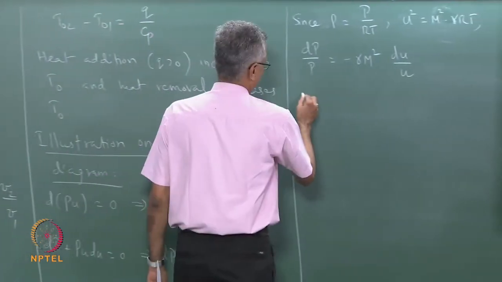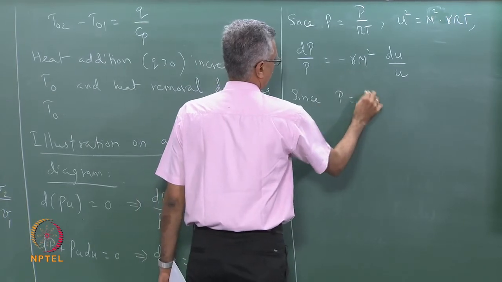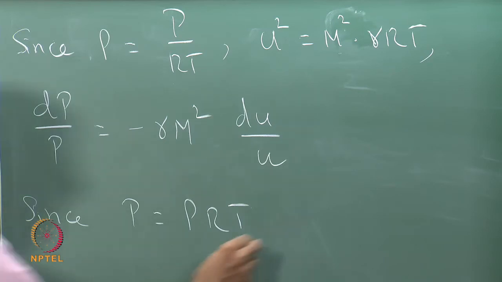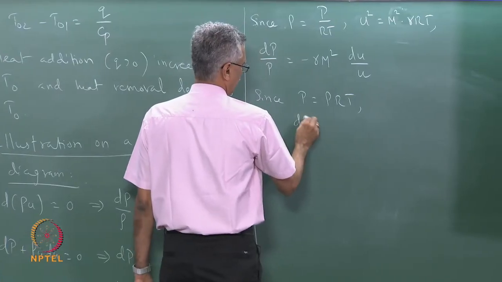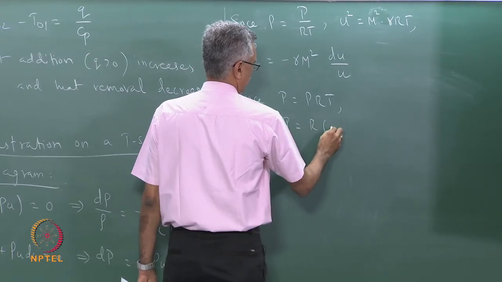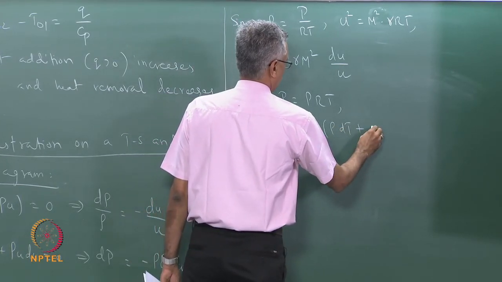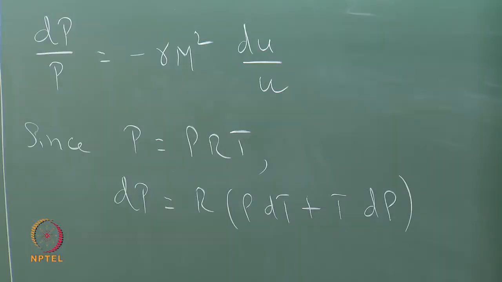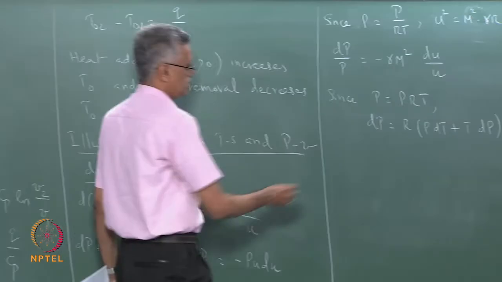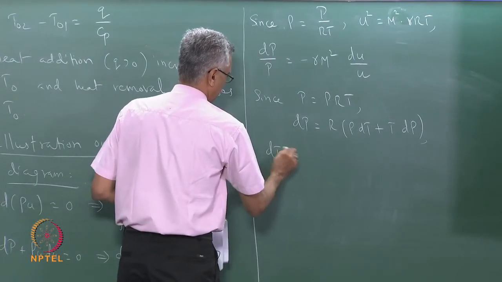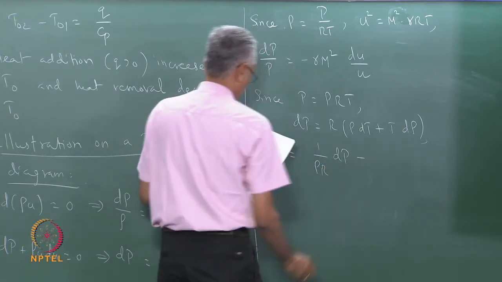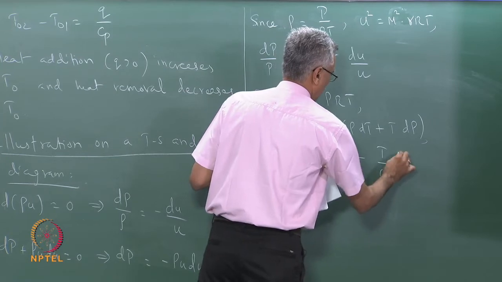Now from the equation of state, since P equals rho RT, if I take the total differential of this, I can write dP equal to R times rho dT plus T times d rho, and if I rearrange this, I get dT equal to 1 over rho R times dP minus T over rho times d rho.